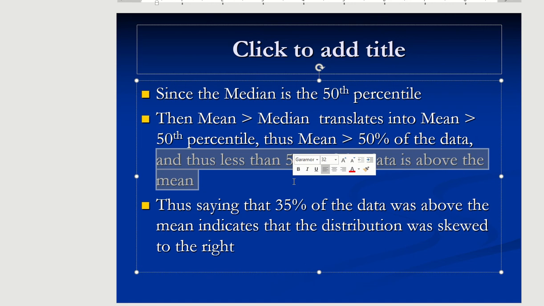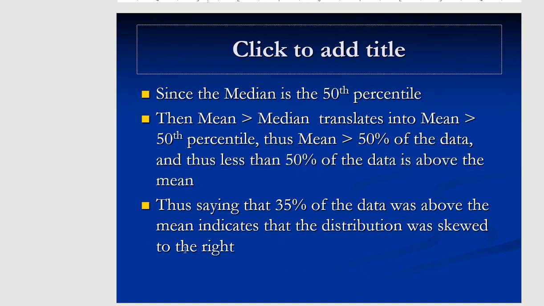Saying that 30% of the data was above the mean indicates the distribution was skewed to the right. If this is not clear, it's okay. It's just an illustration that might be a bit complicated.